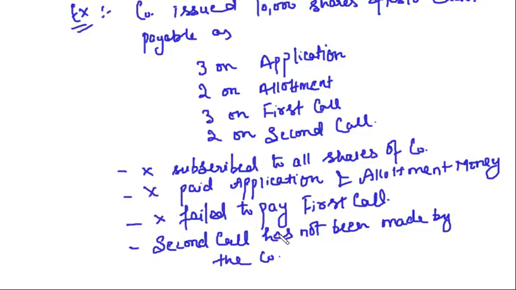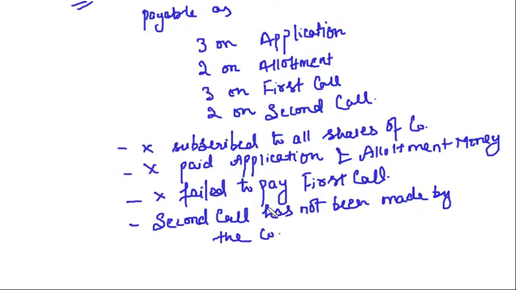All that we are going to use here. Now, the company issued 10,000 shares. The person X subscribed to all the shares of the company. Along with the applications, he paid application money, and he paid the allotment money also, right? So what will be the journal entries for that?